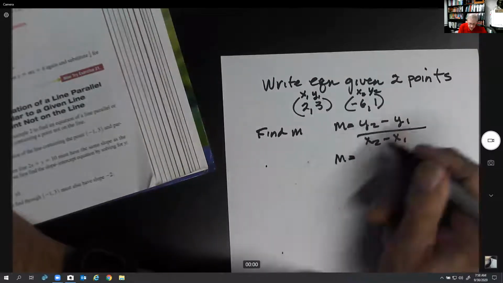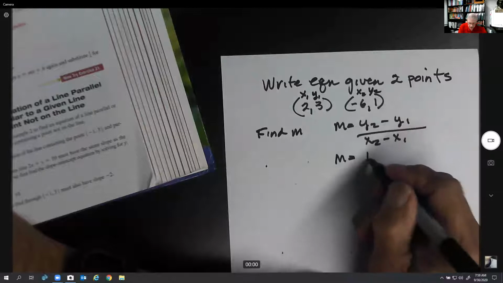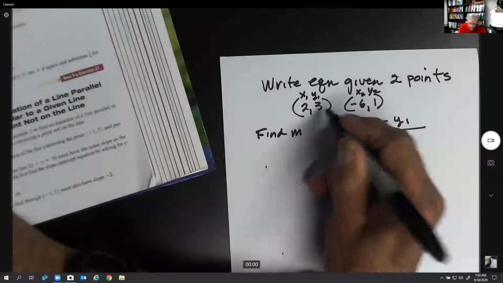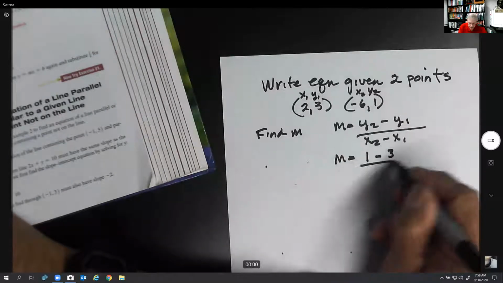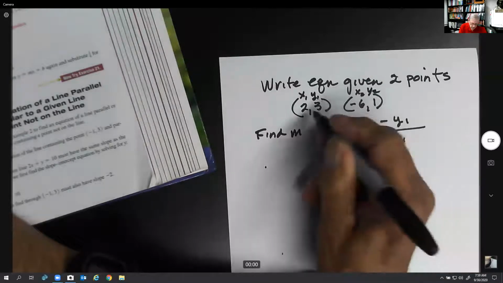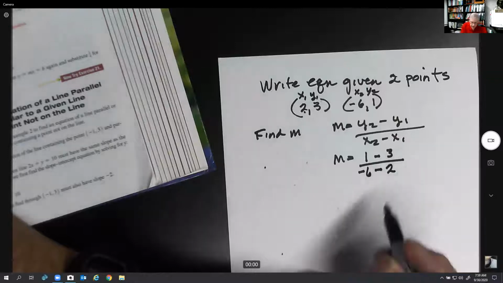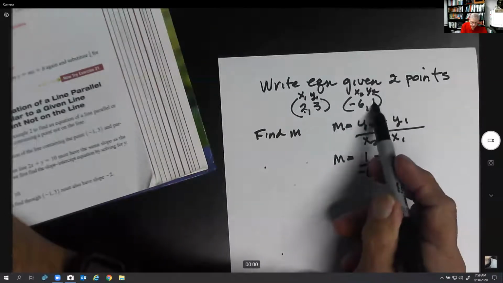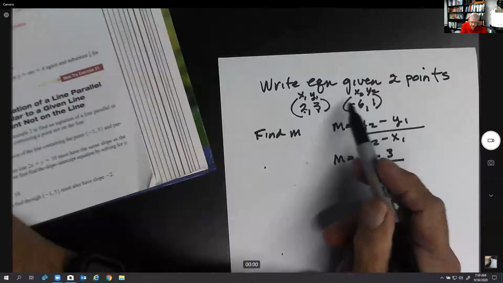So m is, we want to be careful, 1, take away 3, over -6, subtract 2. So kind of going from the back, 1, take away 3, -6, take away 2.